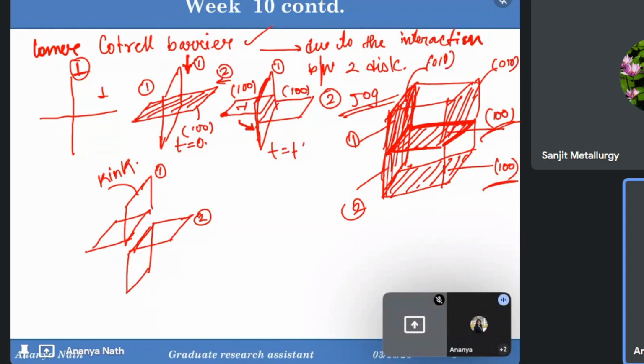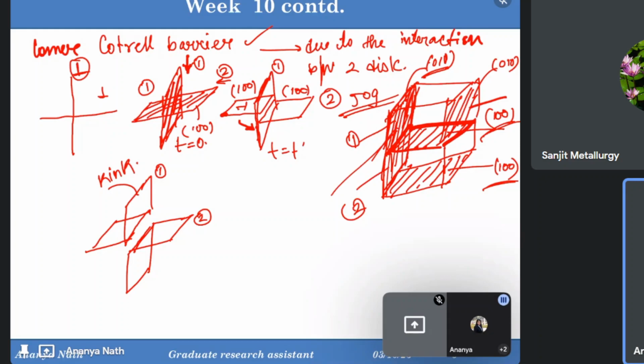That's what is happening in the case of kinks. So for kinks, this was the plane in which the dislocation was moving. Maybe this was the 010 plane. Now the dislocation has been broken down into two pieces, but they are still in this plane. They have not gone into this plane.